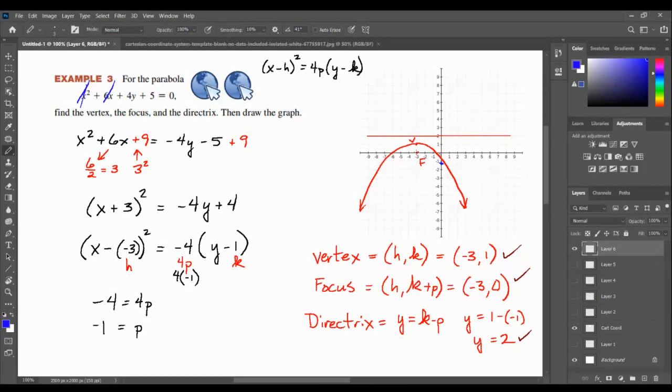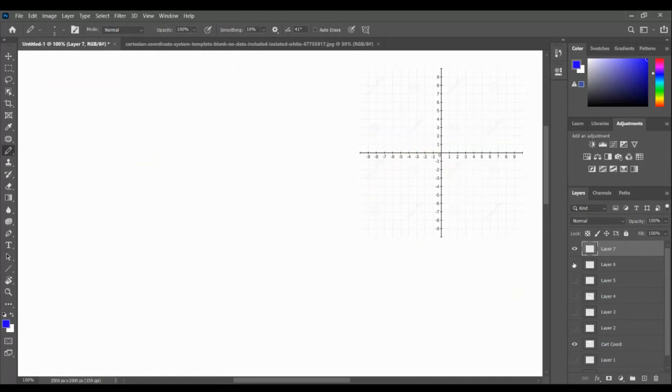But there's a parabola problem for you. I'd like to do another one. Let me copy it over. This one will be fairly similar to the last one, where we get to complete the square.